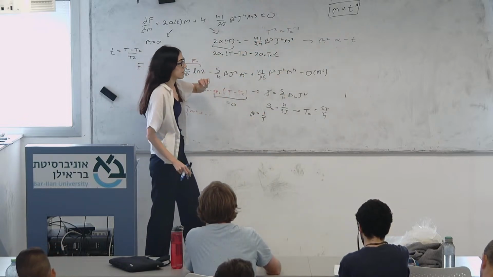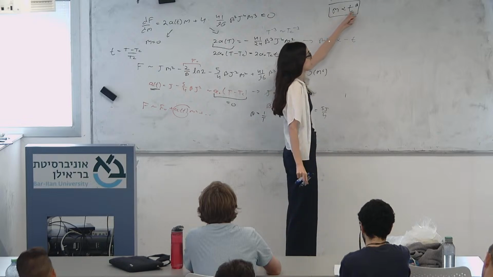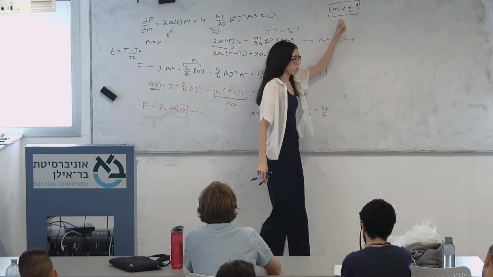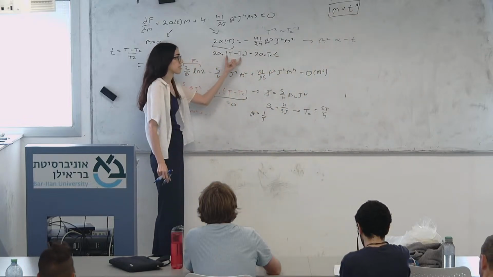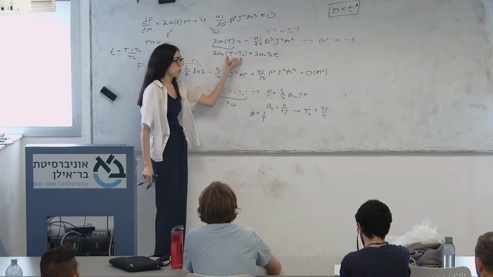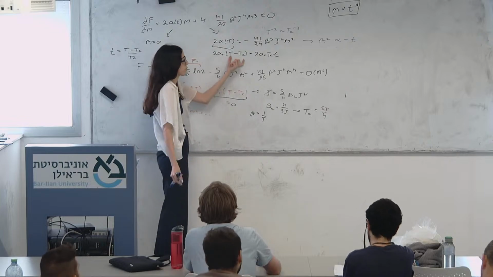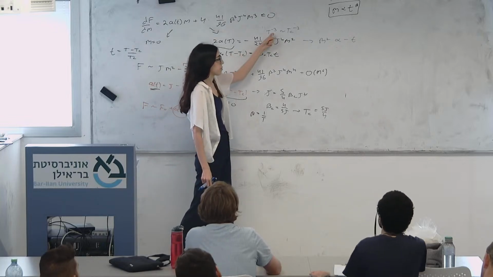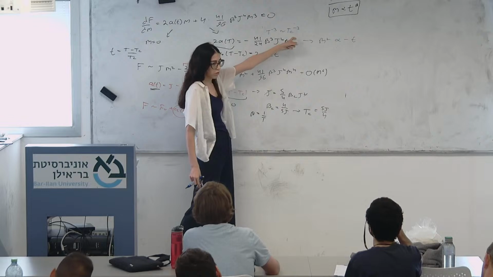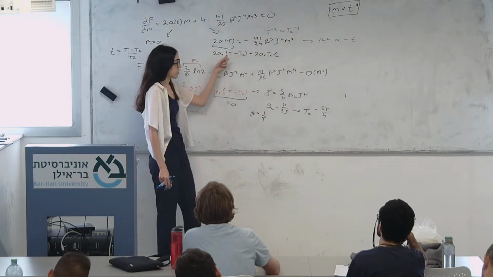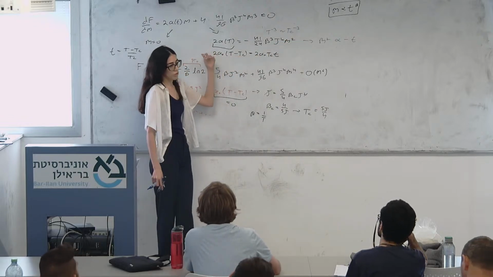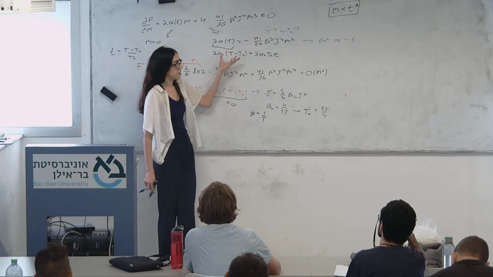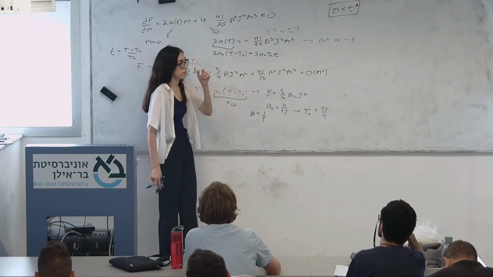If you want to find the dependence on the reduced temperature, we have to have something that goes like T minus the critical temperature. Because you see that here I cannot take T equal to the critical temperature, it will give me 0. So if I have something that's just the temperature, it's a constant. If I have something that is T minus the critical temperature, that's what gives me the behavior of the transition.